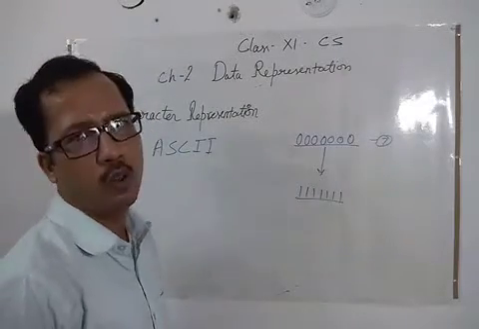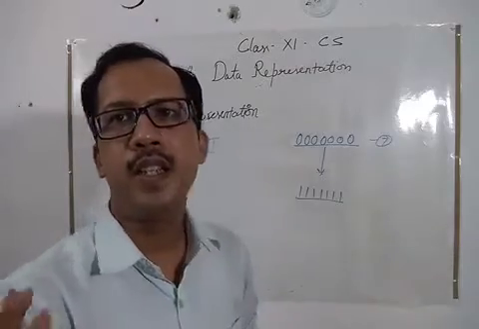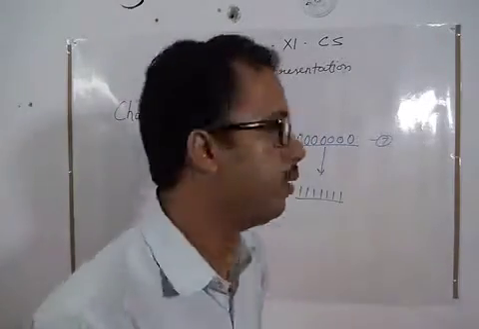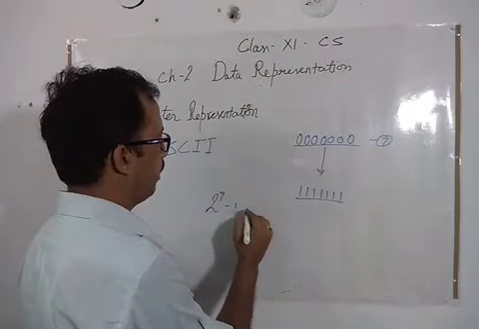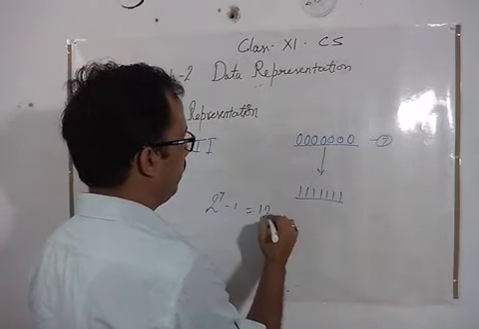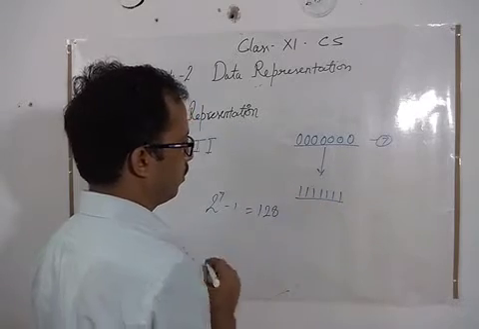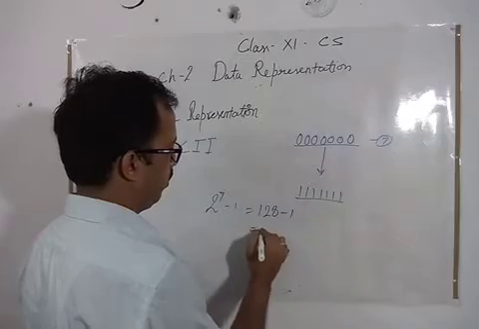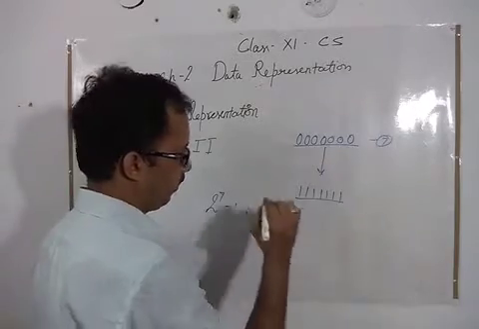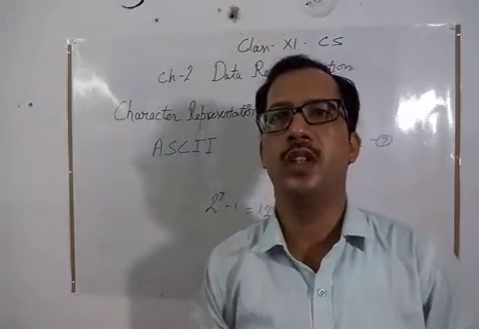Every code is represented in 7 bits. 7 bits means 2 raised to power 7, which is 128, minus 1, 127. So it can represent this many numbers.